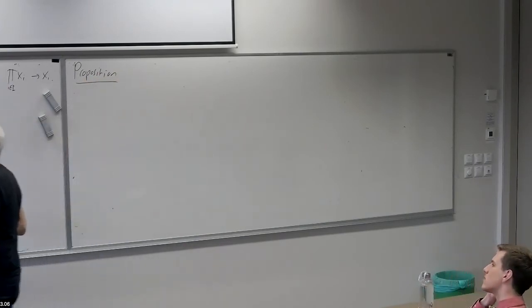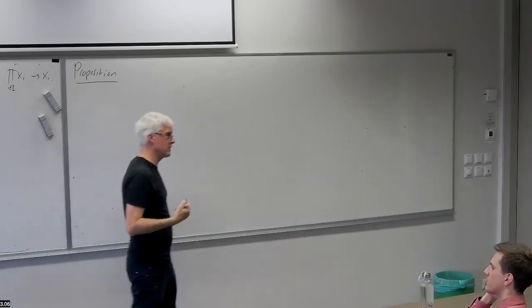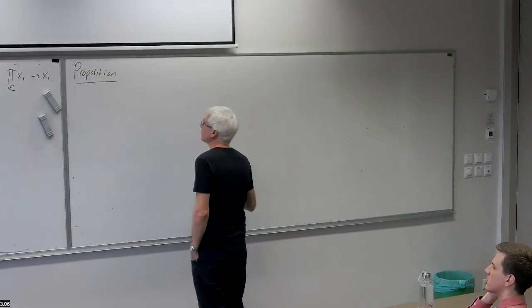It's often important, does a category have products or not? And if it doesn't have general products, does it at least have finite products or not? So the category of finite sets, for example, of course, doesn't have general products, but it has finite products. Similarly with the category of finite dimensional vector spaces.